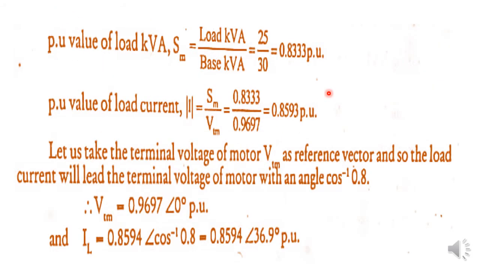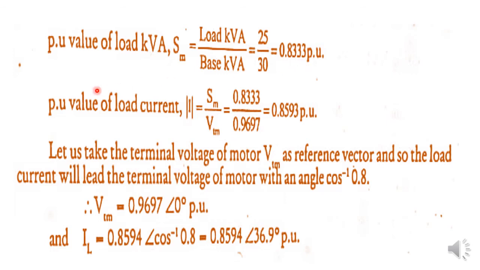Let us calculate the load current. Per unit value of load VA is actual value by base value. Actual value is 25 megawatt. Base value is 30 MVA. So 25 by 30 gives us 0.8333 per unit.